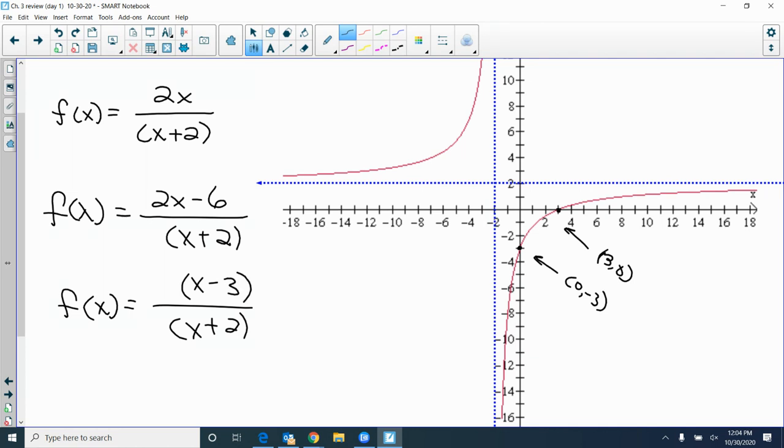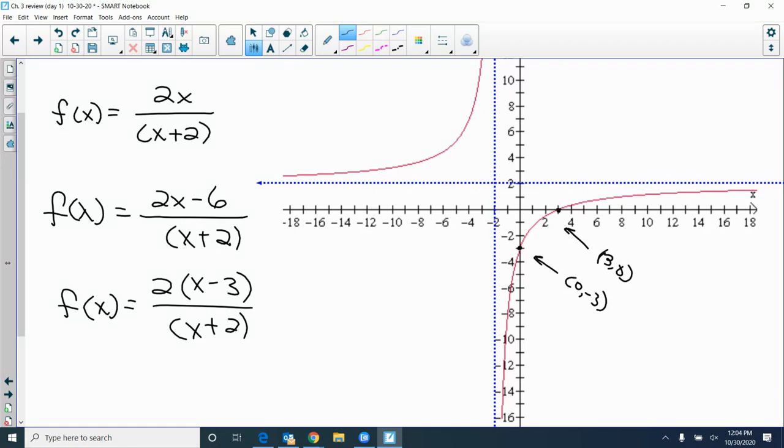Since the horizontal asymptote's at 2, you can just put a 2 out in front, and he distributed it. You can distribute it or leave it. It doesn't matter, but you have to have the x minus 3. The y-intercept really does not come into play, except it's kind of like a checkpoint. If you plug in 0 into that function, do you get back -3? If you do, then you can be confident that it's right. But we satisfy all the cases.